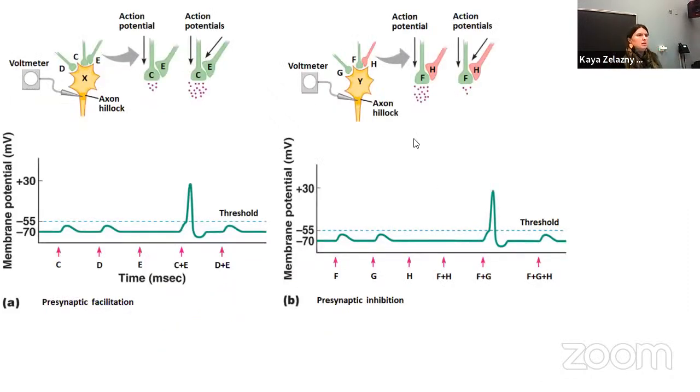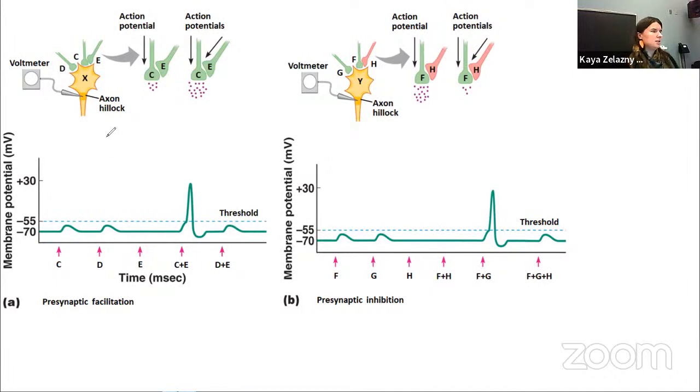What we see happening here is like when we were thinking about convergence at the end of our last lecture. Here we see a neuron receiving signals from D and C. That's our convergence portion.